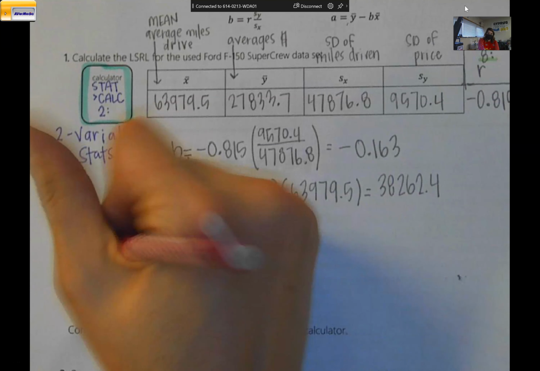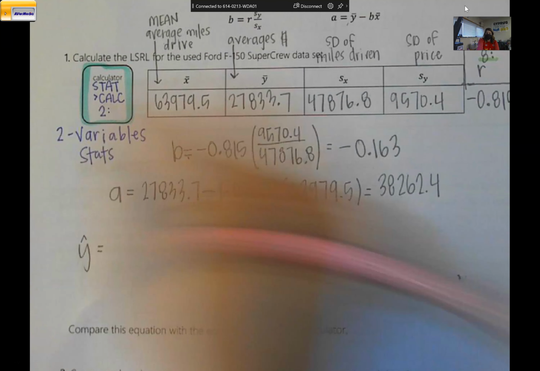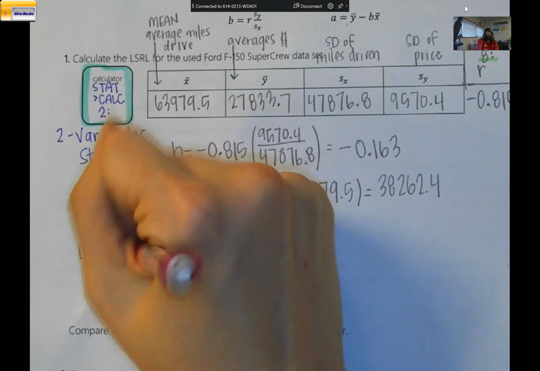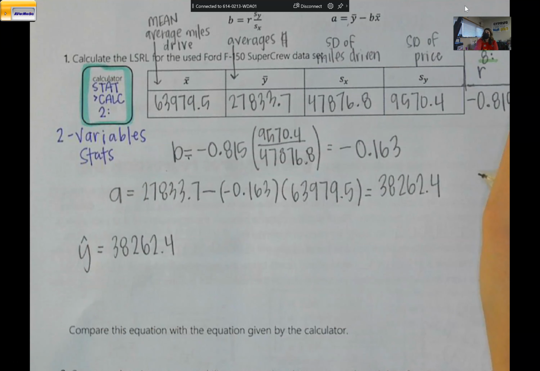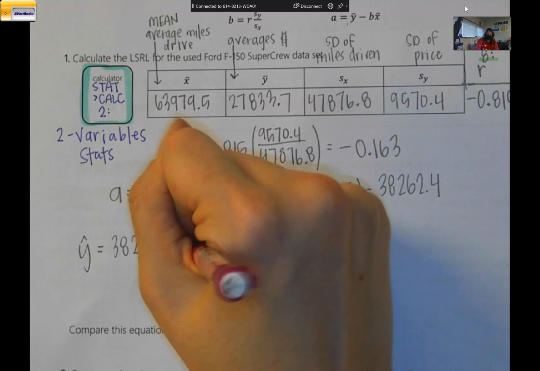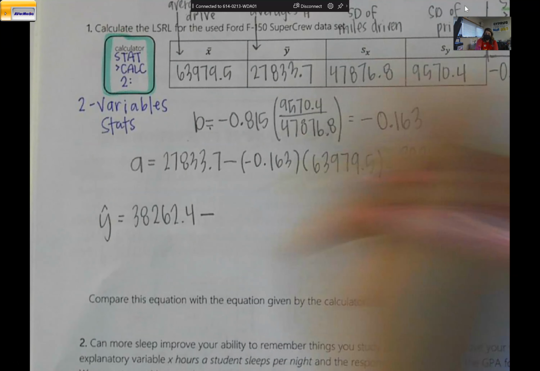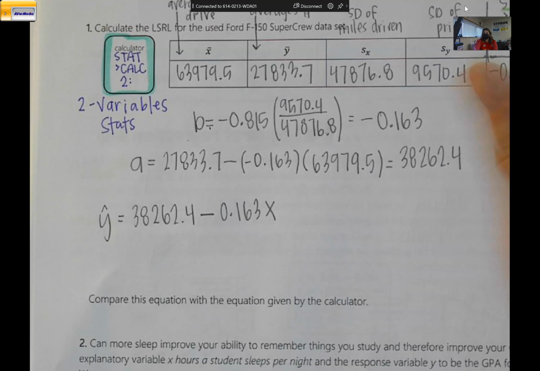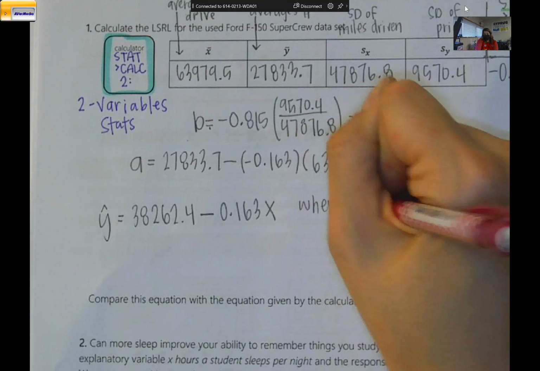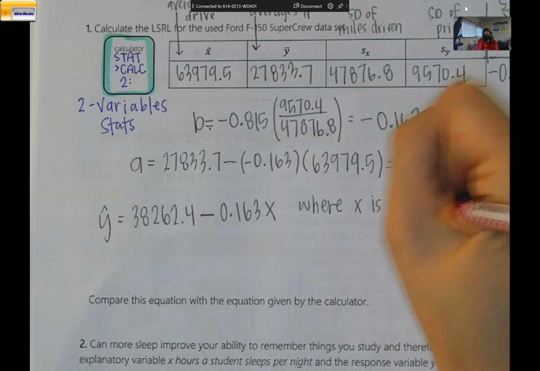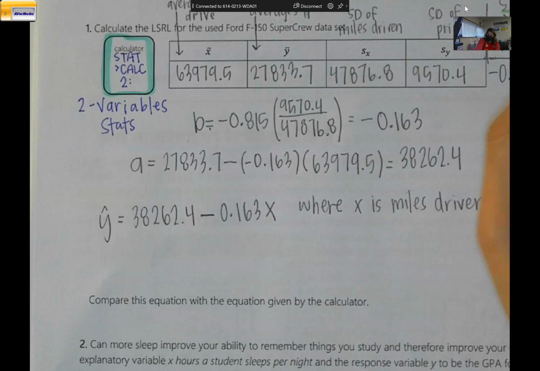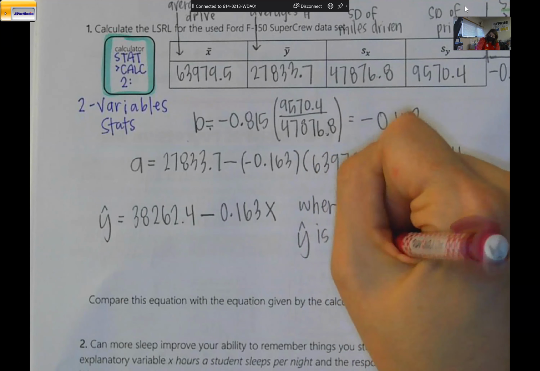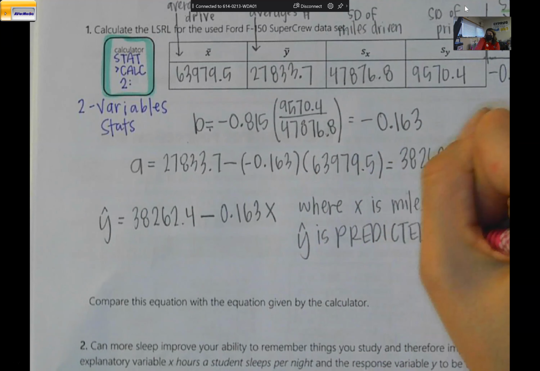So we're going to say y hat equals 38262.4 minus, because our slope is negative, 0.163x, where x is miles driven and y hat is predicted price.